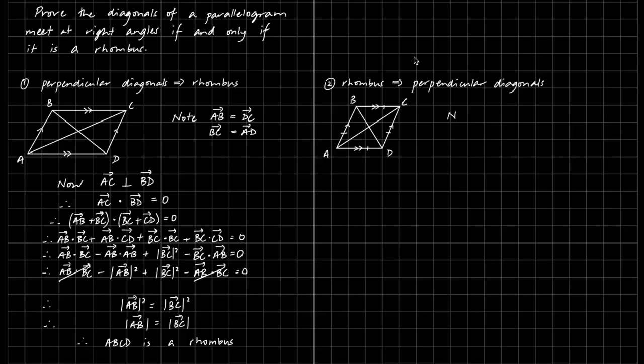So here we're going to start with the fact that yes, the vectors are equal, so vector AB is equal to DC and so on, but also, so let's put the other one as well, BC equals AD, but also that the magnitudes of all of the sides are equal.